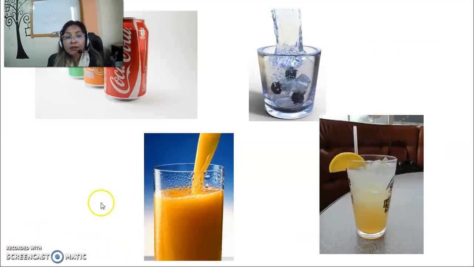The same happens with these liquids, with soda. We can say, I would like soda. So you mean that you want a glass of soda, or maybe a can of soda, or maybe a bottle of soda. You can say, I would like a glass of water, or I would like a water, please. Especially in restaurants, some people just say, I would like a water, please. A water for me is okay. Oh, a juice for me is okay. Oh, a lemonade for me, it's okay.